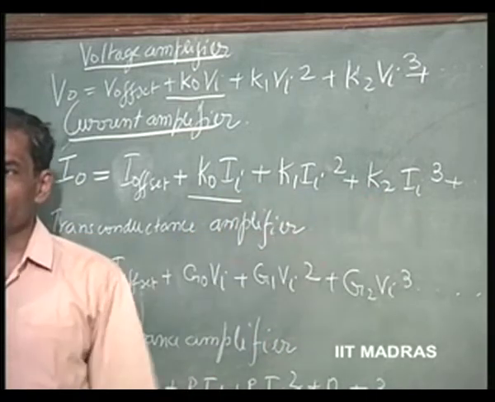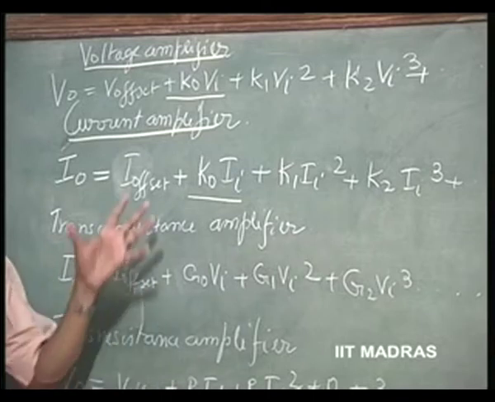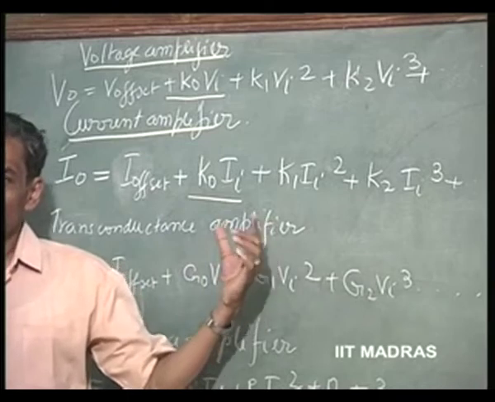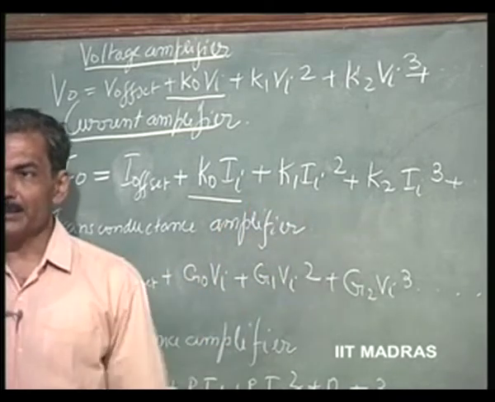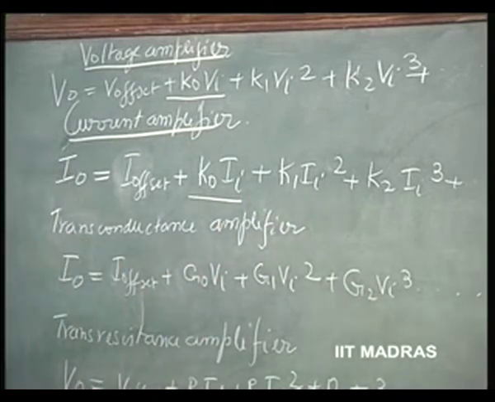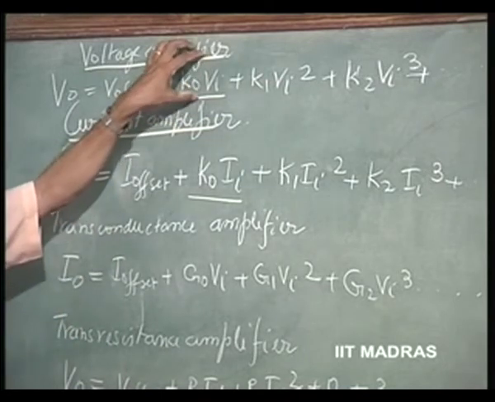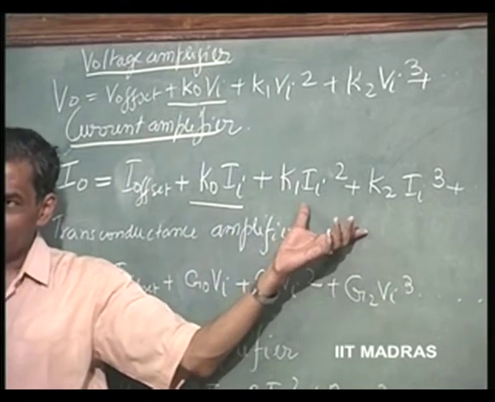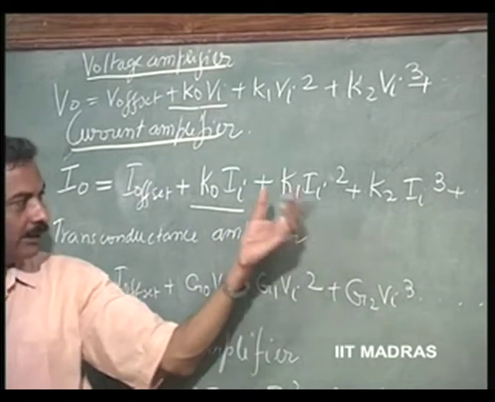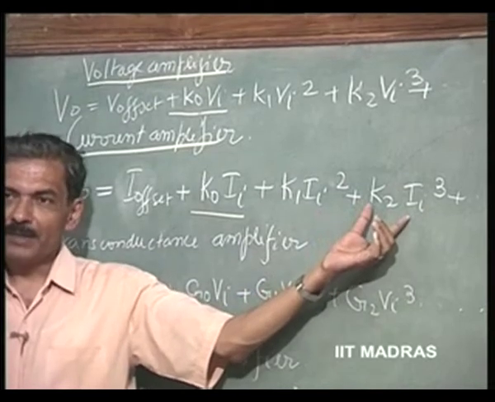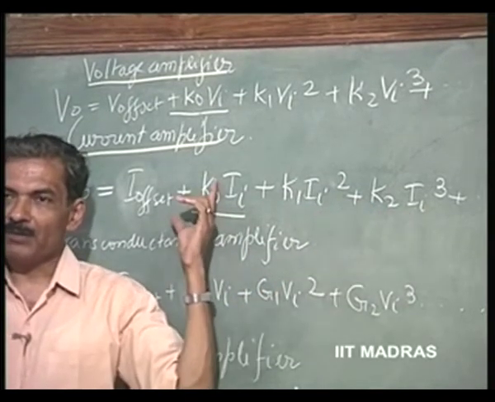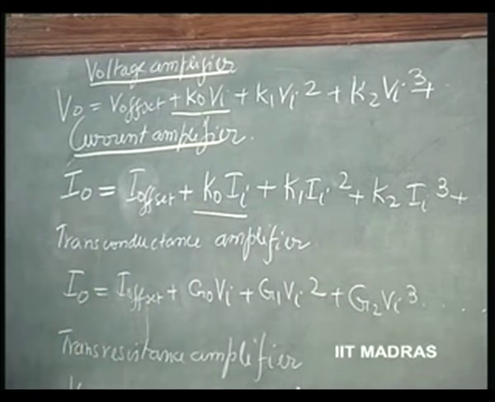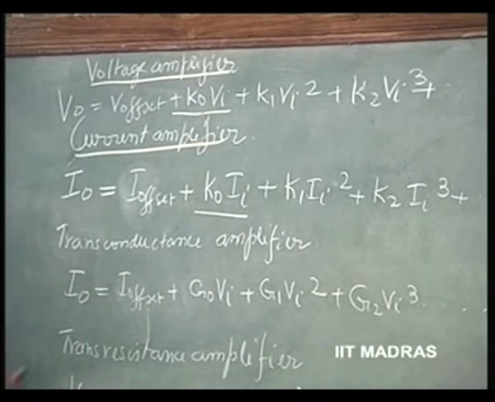K1 and K2 should go towards 0. That means, something that is going to be defined as current amplifier should inherently have, if possible, K1 and K2 very small. There is no point in therefore using this kind of characteristics for designing this kind of amplifier. You must have this K1, K2 basically inherently small for this type of amplifier. Such a configuration you should select, or such a nonlinearity should be present in the active device.